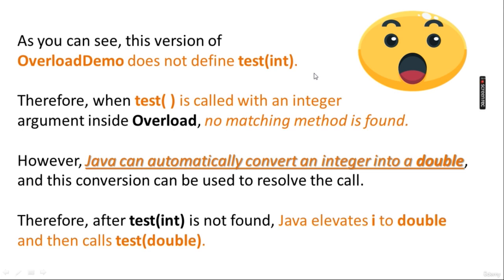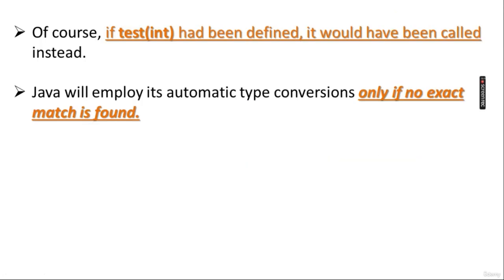After test of integer is not found, Java elevates i to double and then calls test of double. But if test of int had been defined, it would have been called instead. So only if no exact match is found, then only Java will employ automatic type conversion. Otherwise, it will directly call whichever method definition is present.